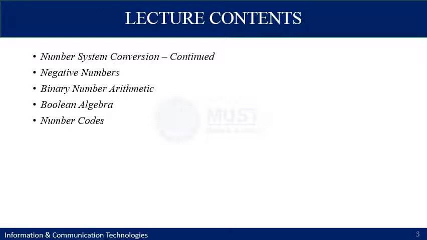There is another form of performing operations on binary numbers, which is the calculation of numbers using logic gates, and this is often termed Boolean algebra. Finally, we will conclude our discussion about number systems, using different number systems to represent number codes.